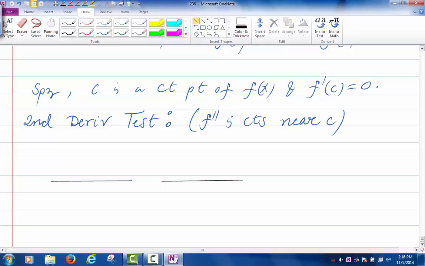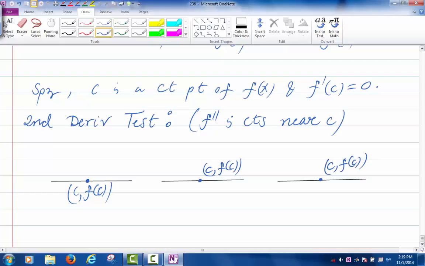So let's say this is the point c, f of c in the graph of the function, and I know that at that point the tangent line is horizontal. So the line is the tangent line at that point. Also, this is the point where I have the point c, f of c. And again, I'm drawing 3 different pictures here because there are 3 possibilities that happen.